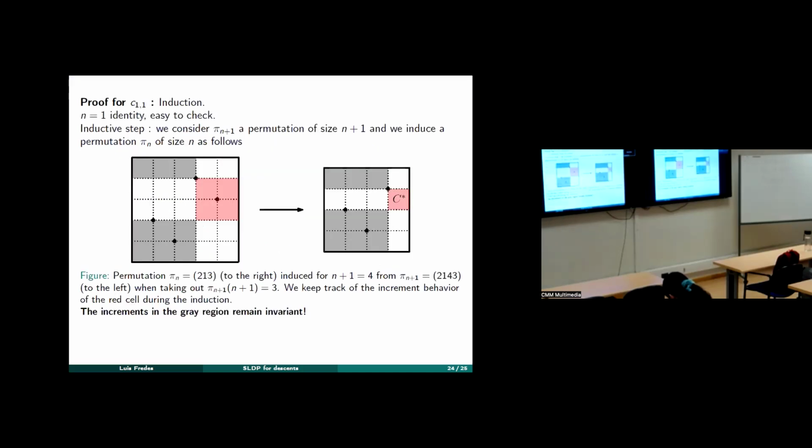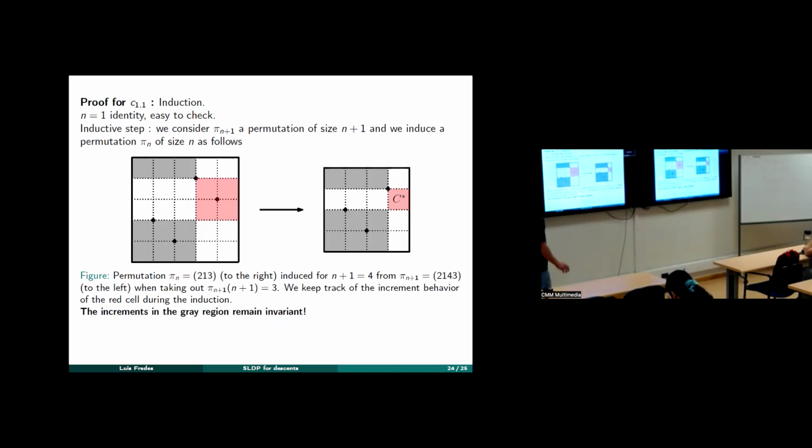And the idea to prove C11 is induction. N equals 1 is the identity, which is really easy to check. And for the inductive step, there is a lot of going forward and going backward in these proofs, but the idea is to isolate the last element that is in a permutation of size n+1.